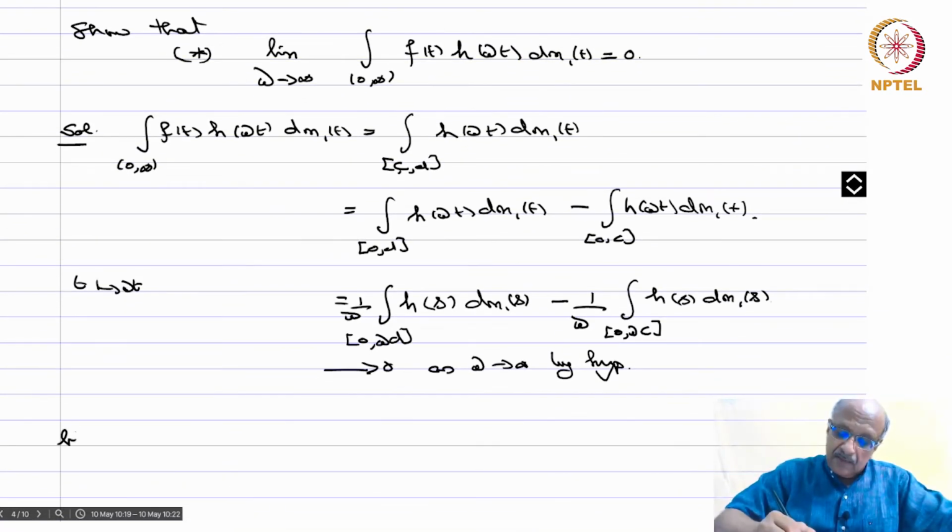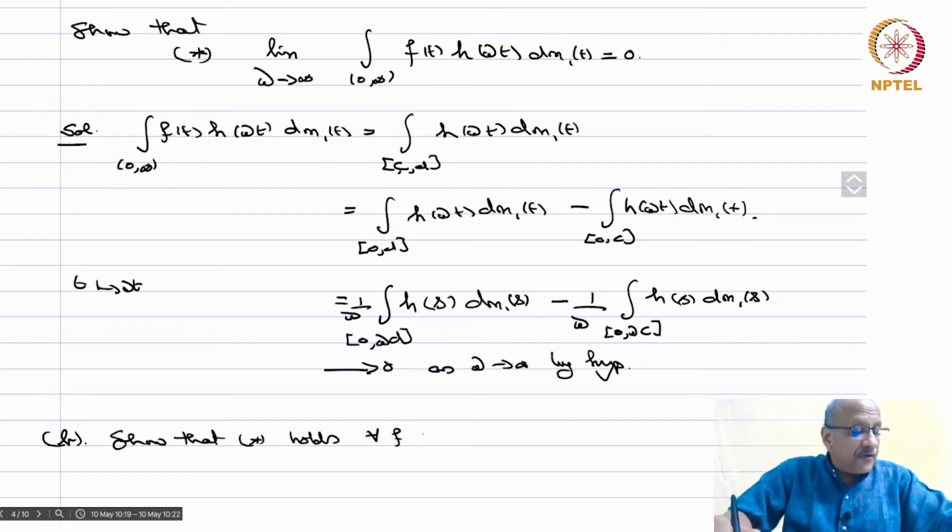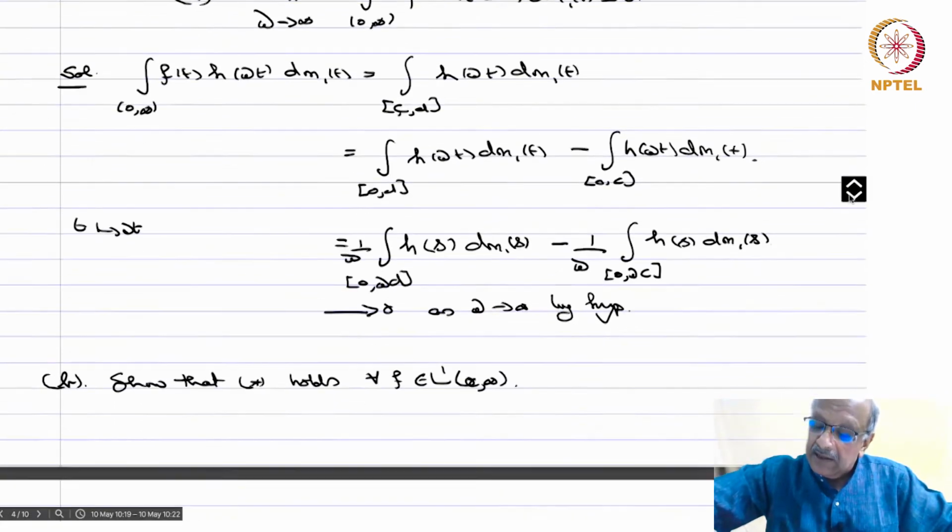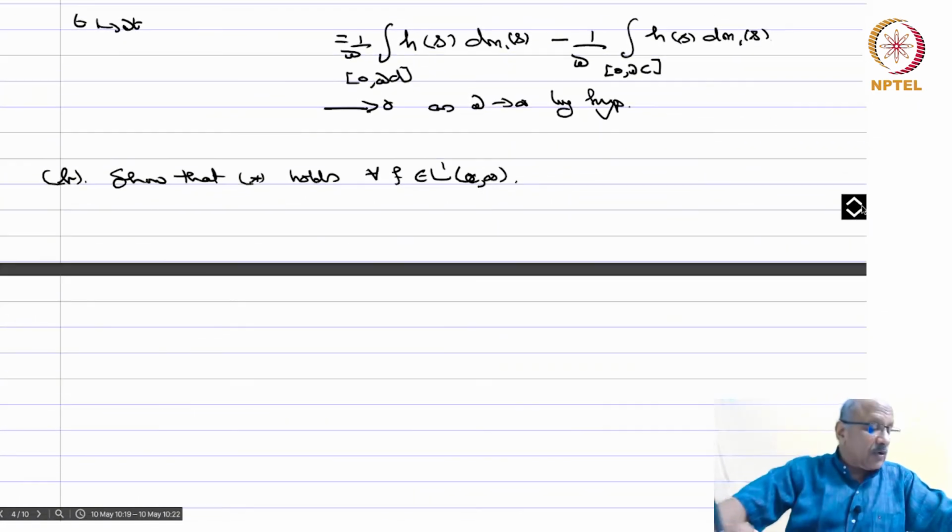So B, show that star holds for every f in L1 of (0, infinity). So this is really the Riemann-Lebesgue lemma which we want to show.